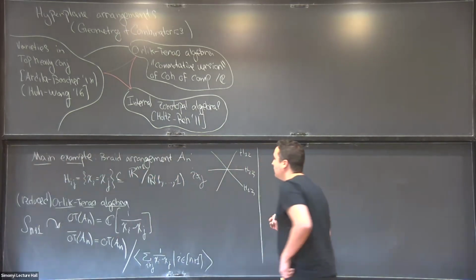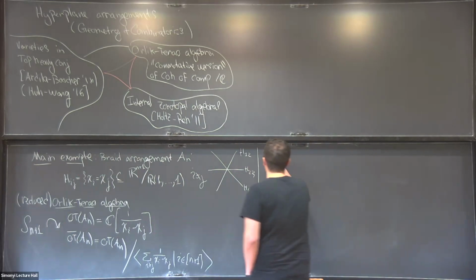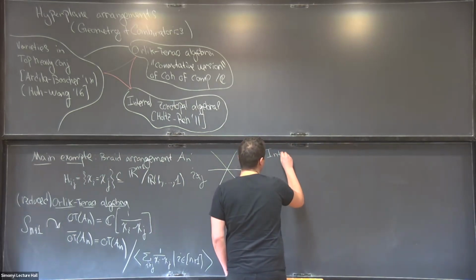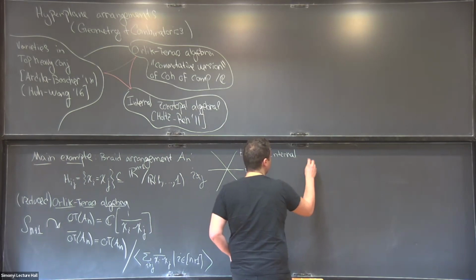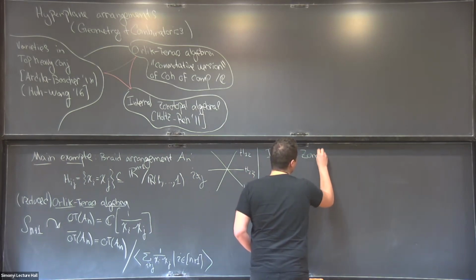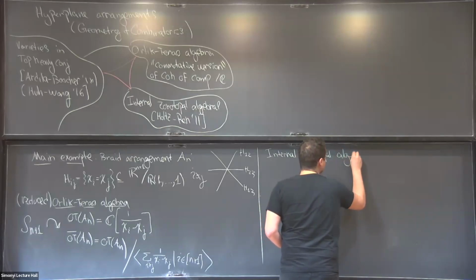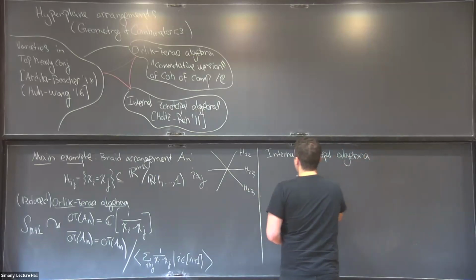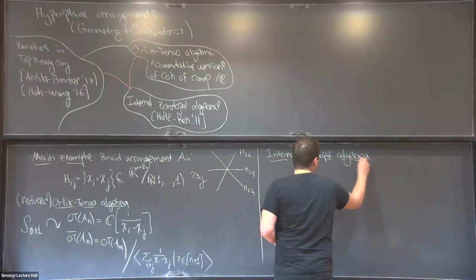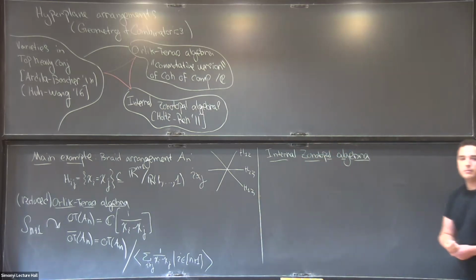Now let me tell you a little bit about internal zonotopal algebra, again, just in this special case. So in general, this is defined as the quotient of a polynomial ring by certain powers of some linear forms.